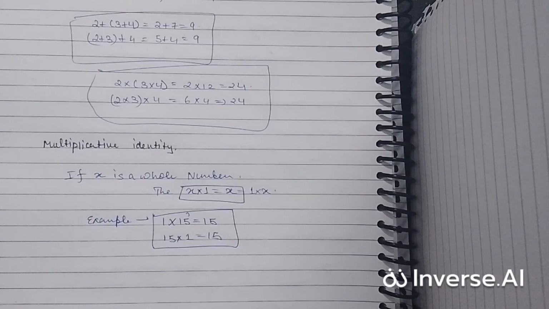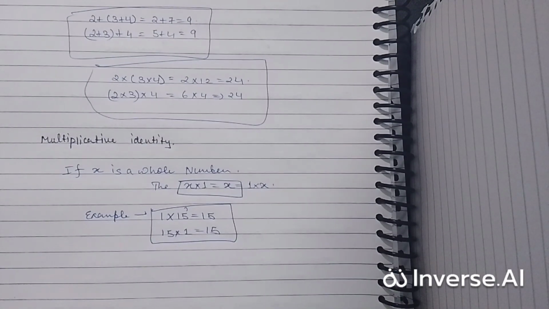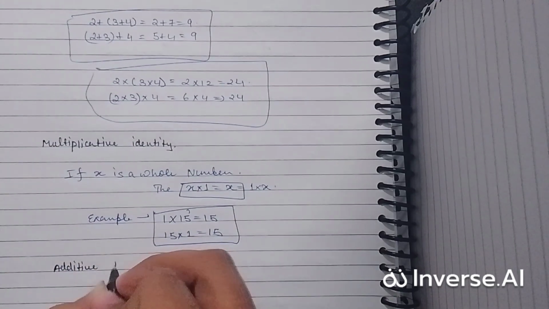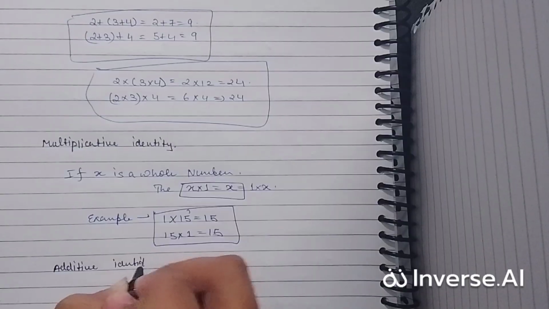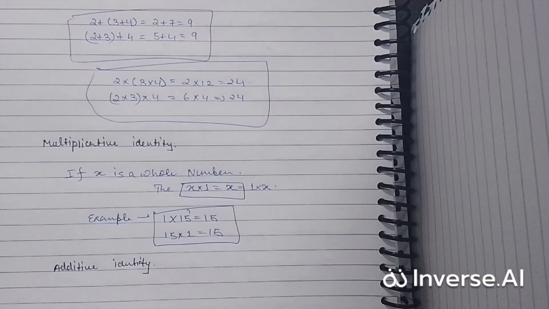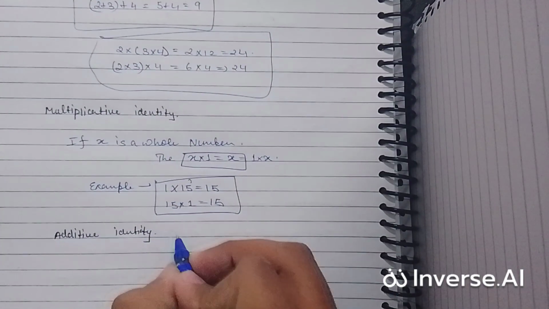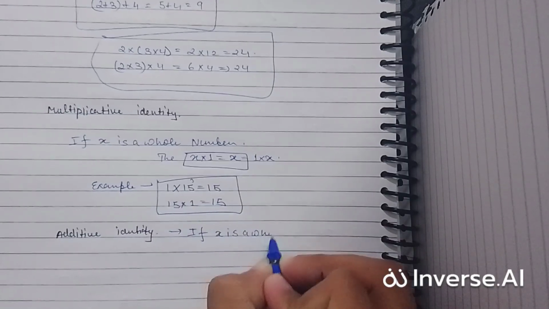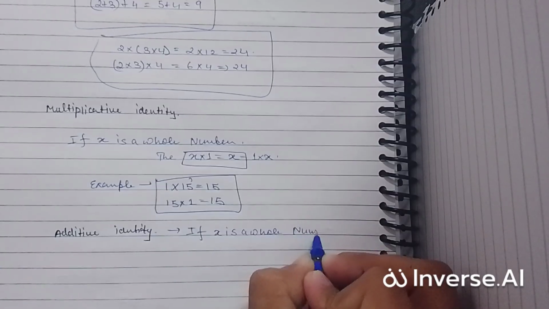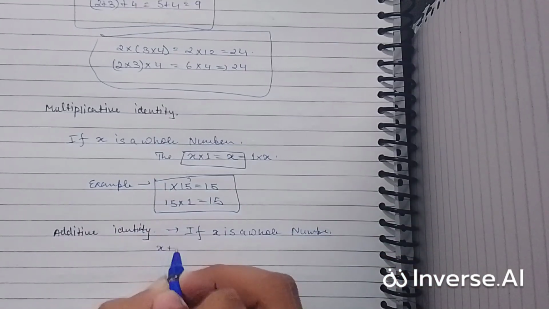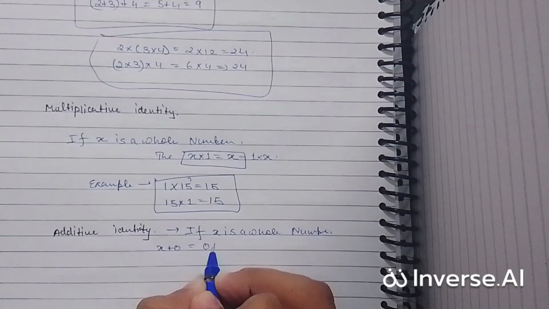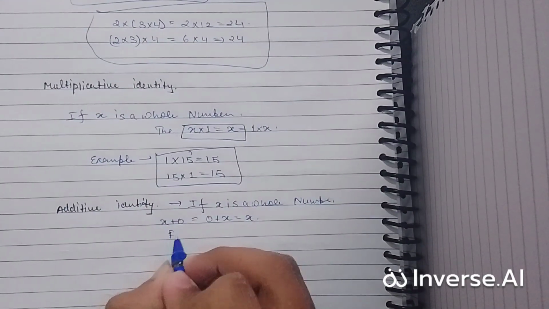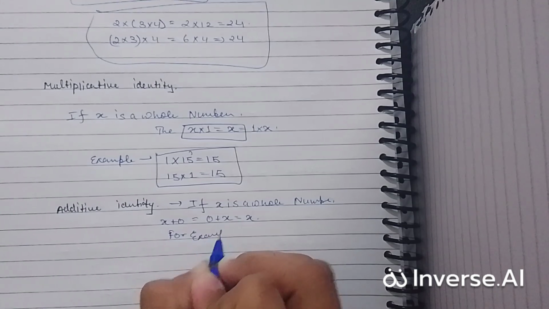Now we have the additive identity. If x is a whole number, x + 0 = 0 + x = x.